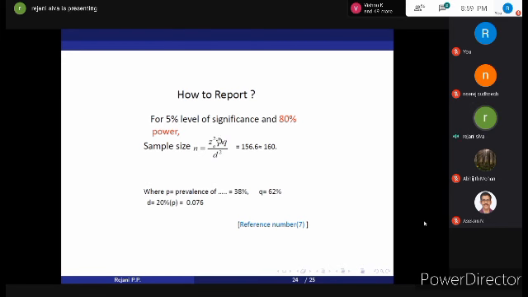That is why the formula is Z alpha square PQ by D square. Just mention the prevalence of the disease, the value of Q, and how you adjusted the error. I have used 20% of P here, so just mention that and give the reference number also, and that reference should be included in your reference list.